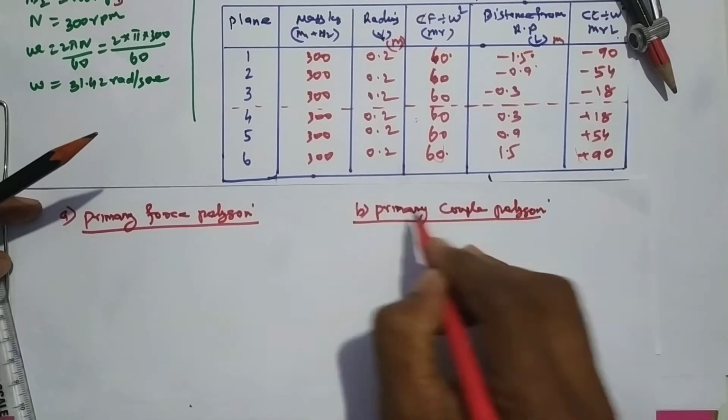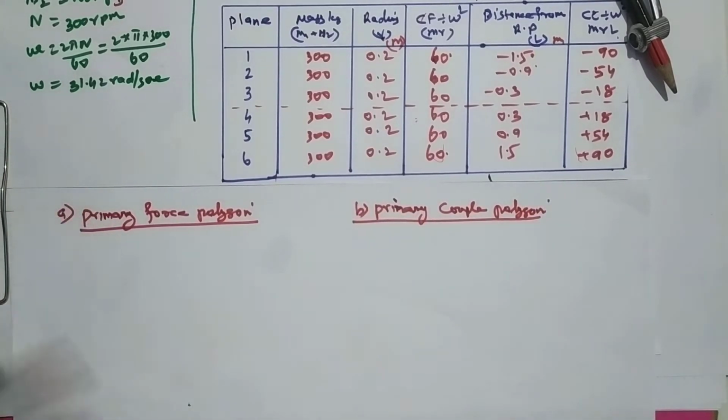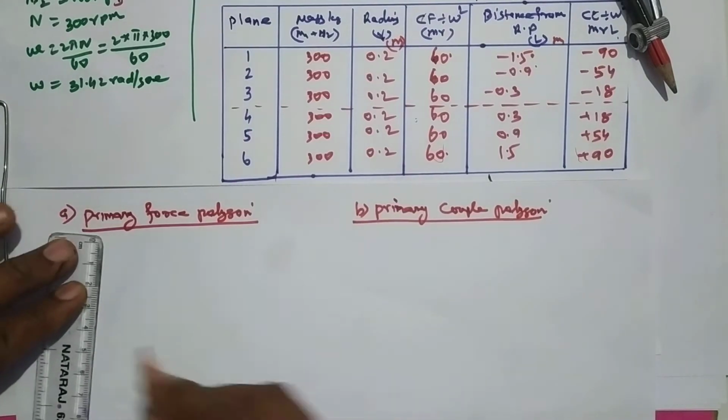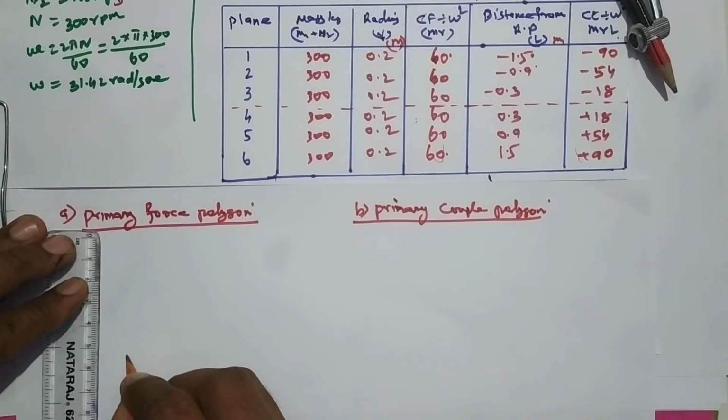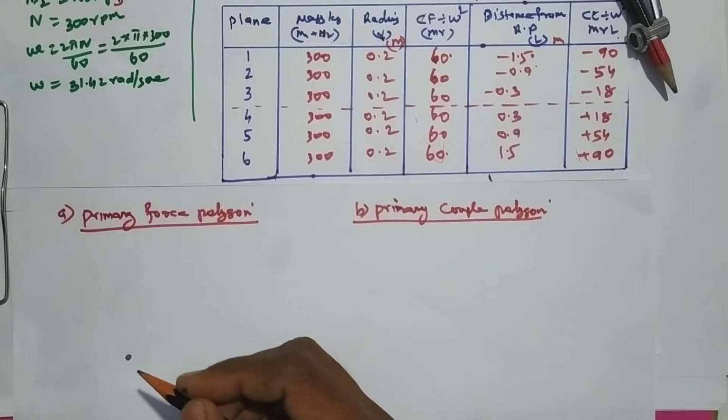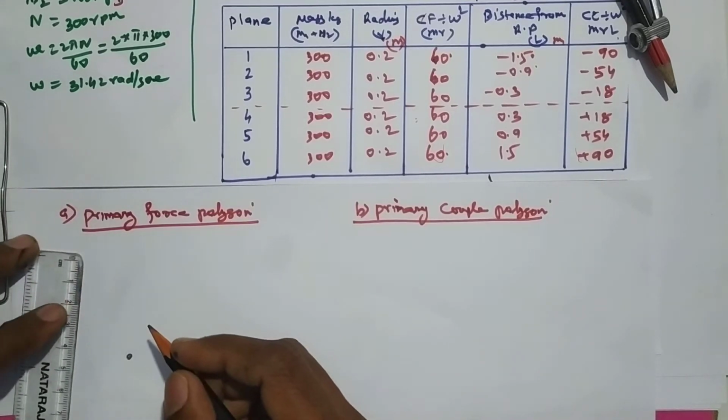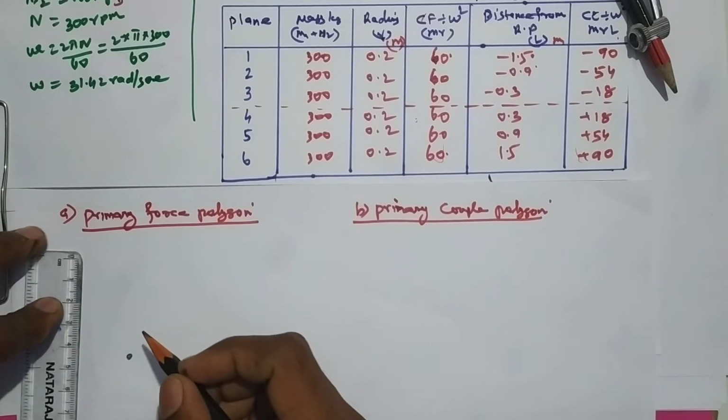First, mark a simple point, right? From this point you should draw it according to the firing order.